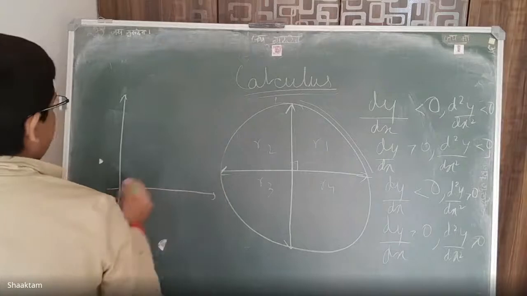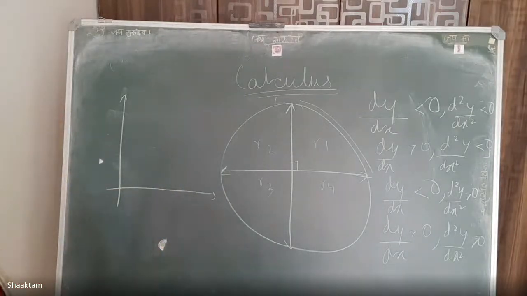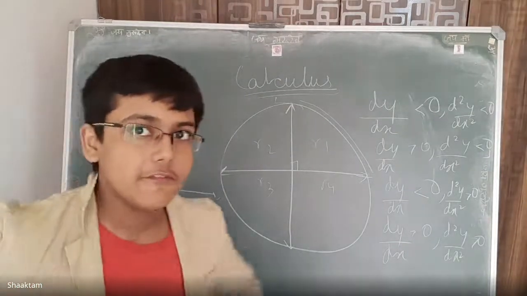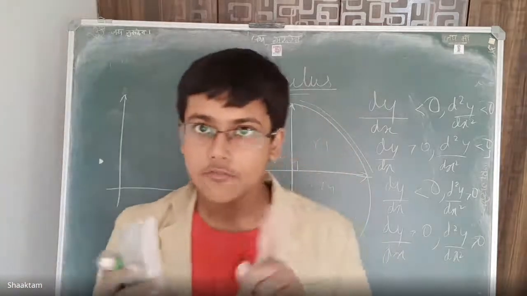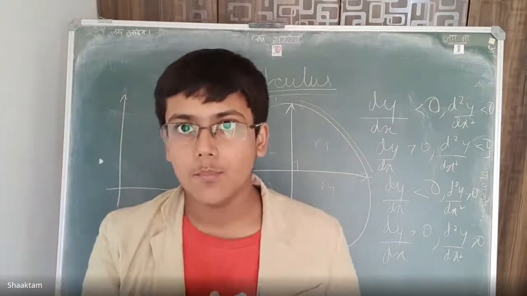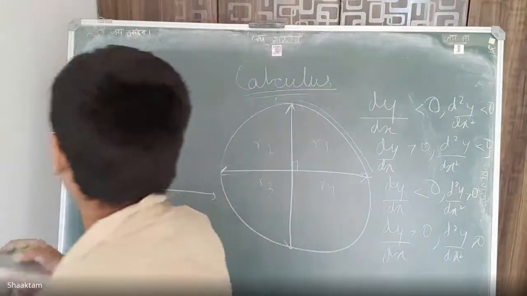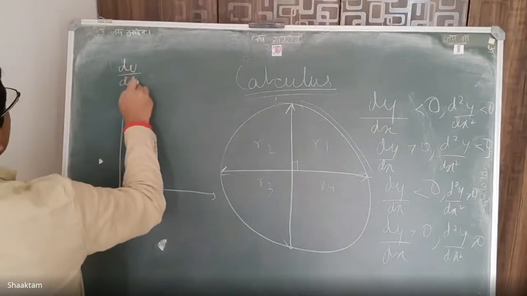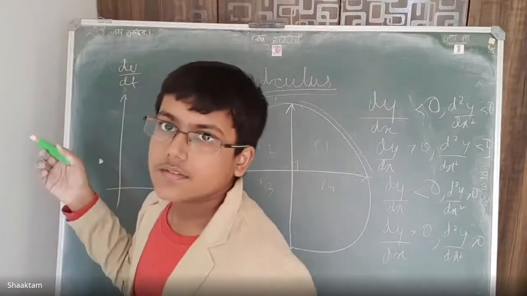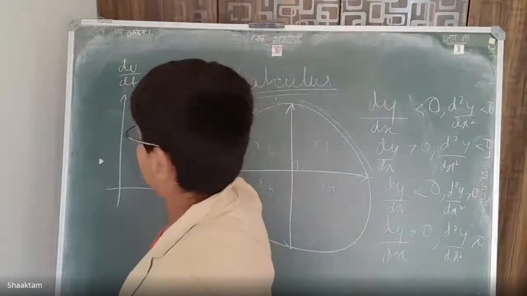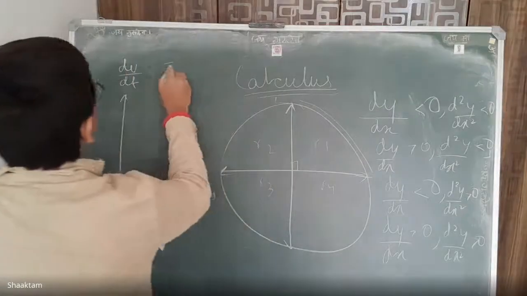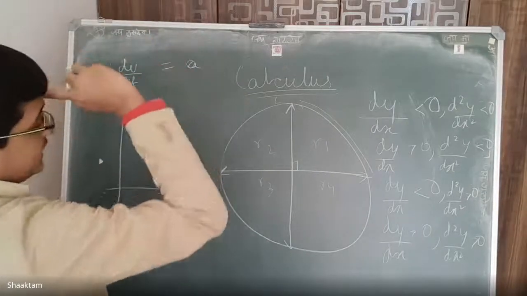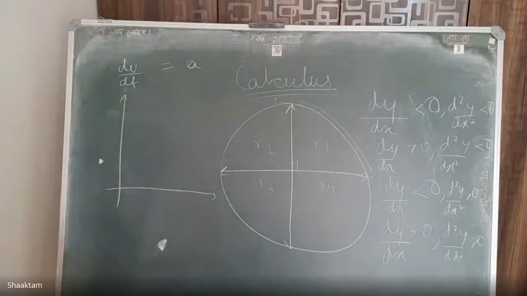Now dy by dx, let me tell you one thing. If we are finding a relation between velocity and acceleration of a body, for example, what we do is dv by dt, where v is its velocity, that is equal to its acceleration.